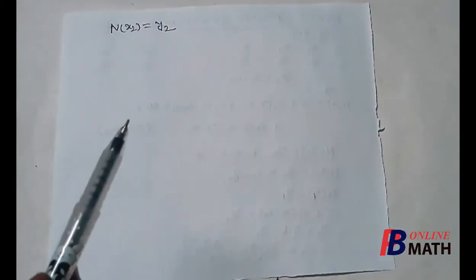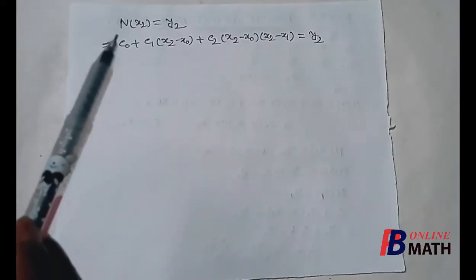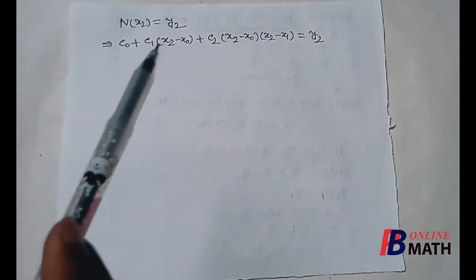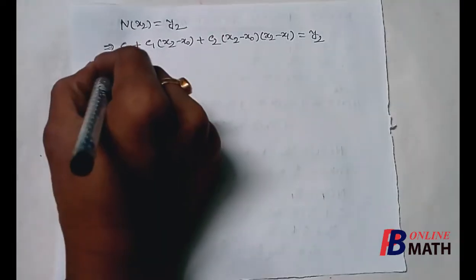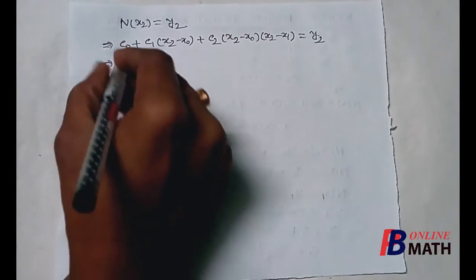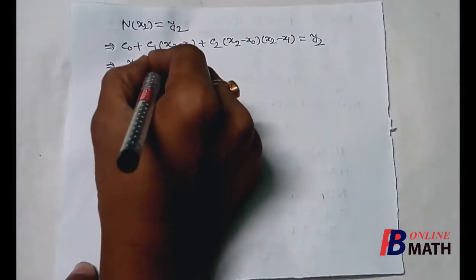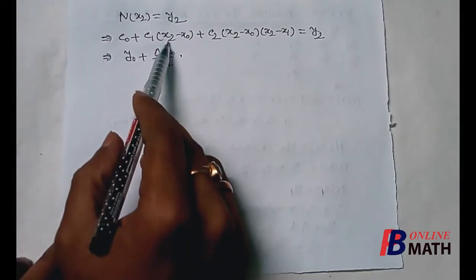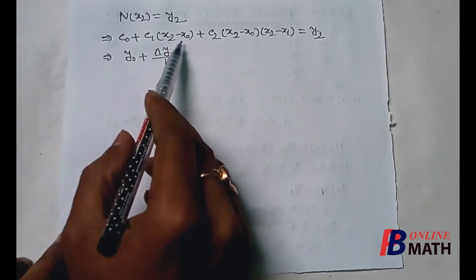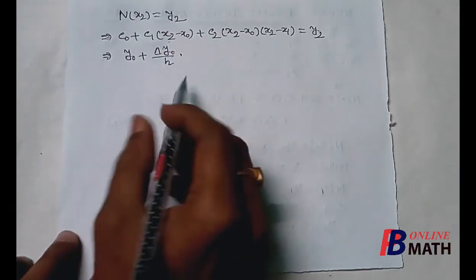Next we shall find the value of c2 by using this condition: the value of this polynomial at the point x2 is equal to y2. Now if we replace x equal to x2 in the polynomial, we find that except for the first three terms, all the terms vanish. Now we have already obtained that c0 equals y0, and c1 is equal to delta y0 by h. Now x2 minus x0, we know that x2 equals x0 plus 2h, so x2 minus x0 is 2h.